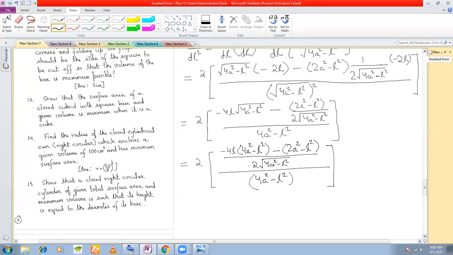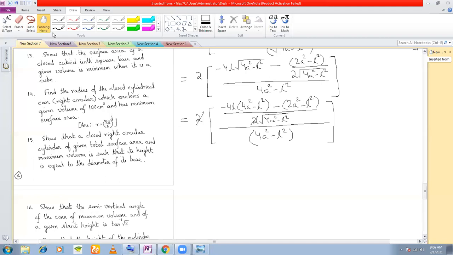In fact, this 2 and this 2 will cancel. So what do you effectively get here? You will get minus 4l into (4a square minus l square) minus (2a square minus l square) divided by (4a square minus l square) to the power of 3 by 2. Okay, this is what you are getting.